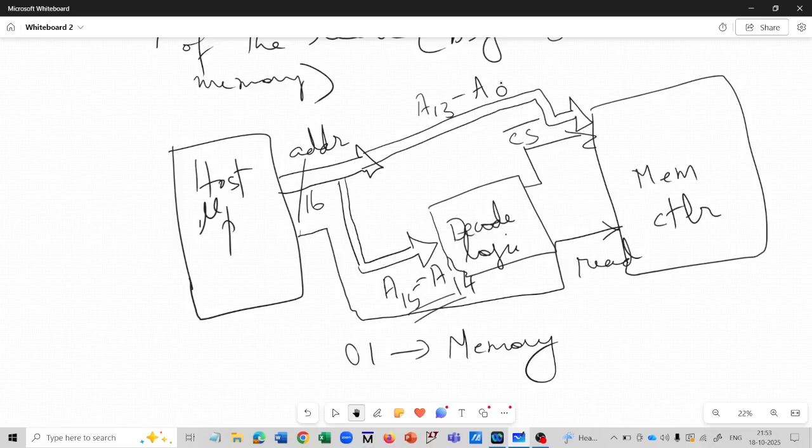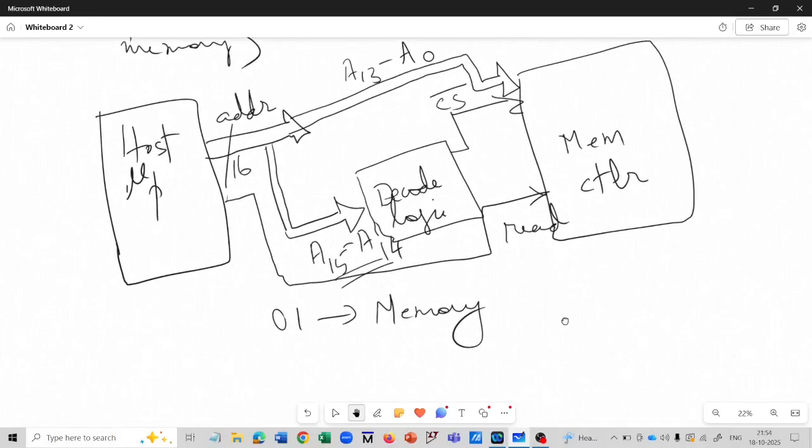We are using the top 2 bits for identifying one among several devices, and we are assuming that this particular memory that is our concern right now is assigned an address 01. So when 01 is received in A15 and A14, the chip select for this memory is asserted, and together with read, the addresses A13 to A0, which is basically a 14-bit address, will indicate the address location that is to be read from the memory.